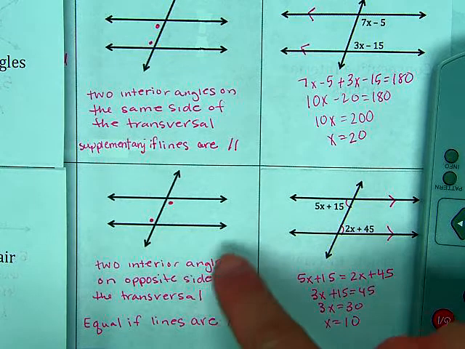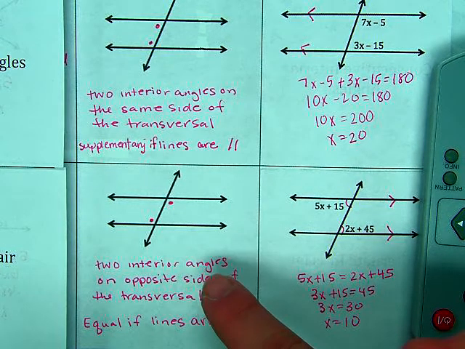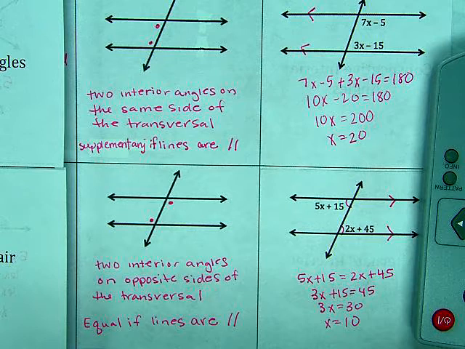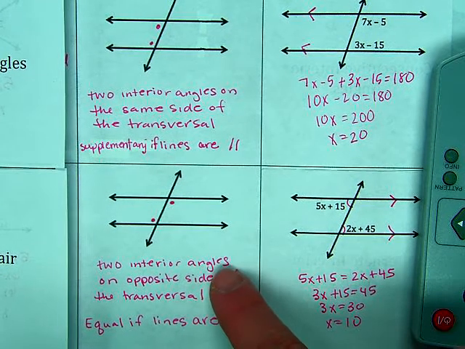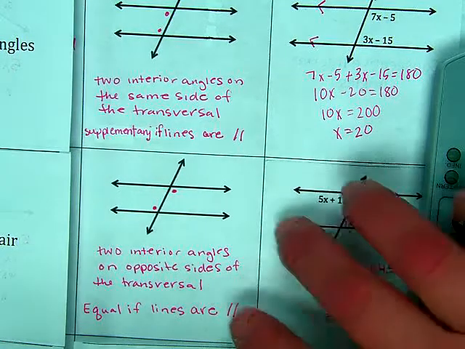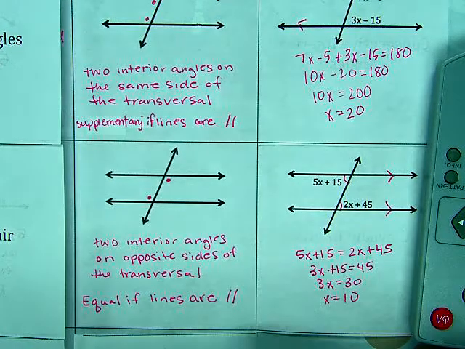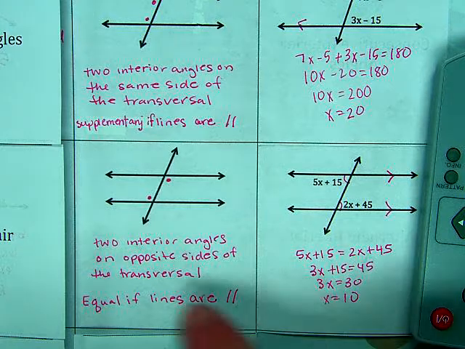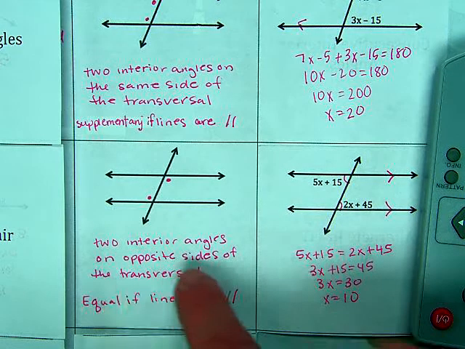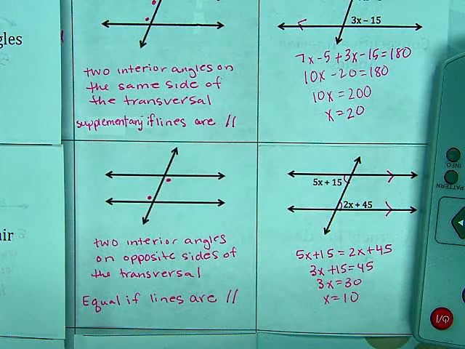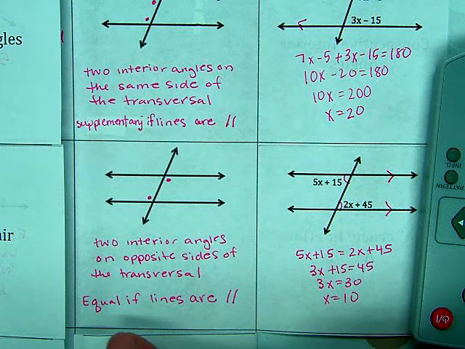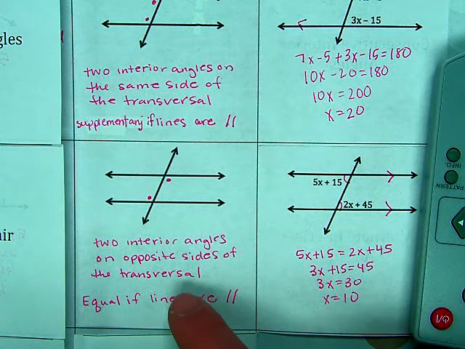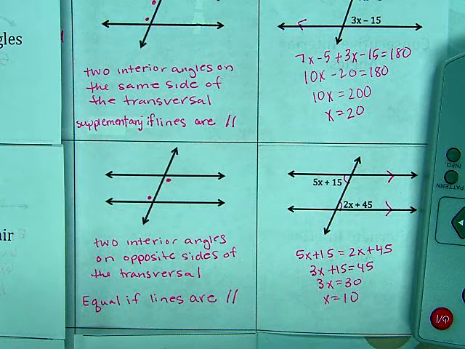Transitioning down to the center box here, these are your alternate interiors. If you'd like me to read this alternate interior definition to you, it is 2 interior angles on opposite sides of the transversal, and they are equal if the lines are parallel.